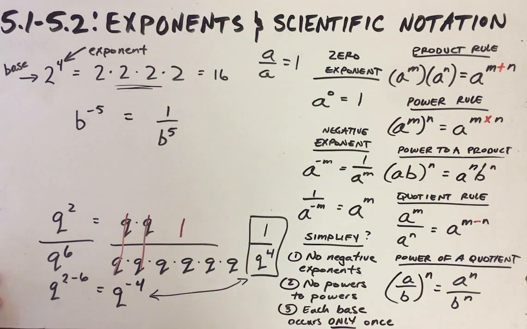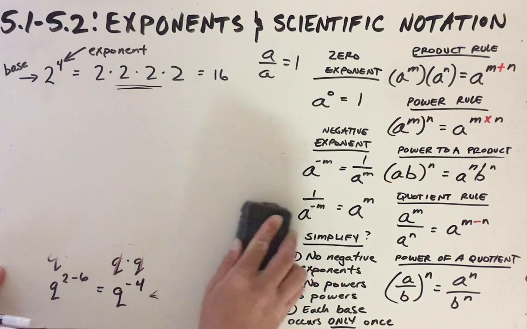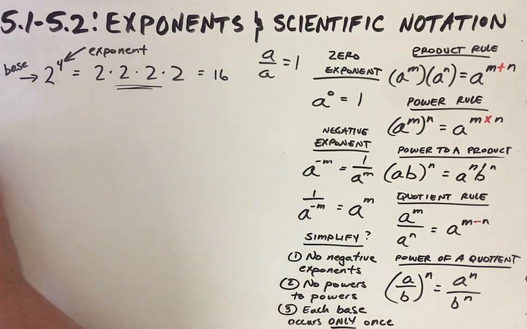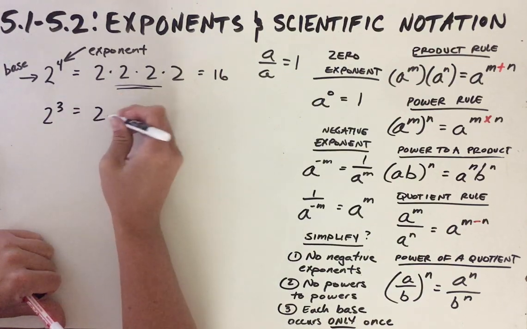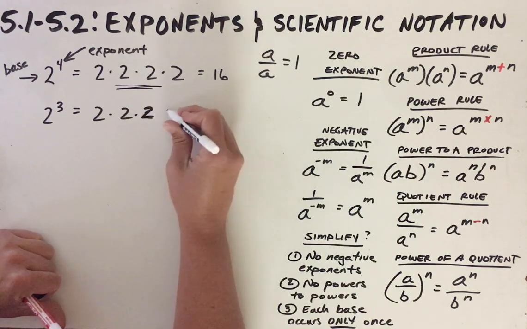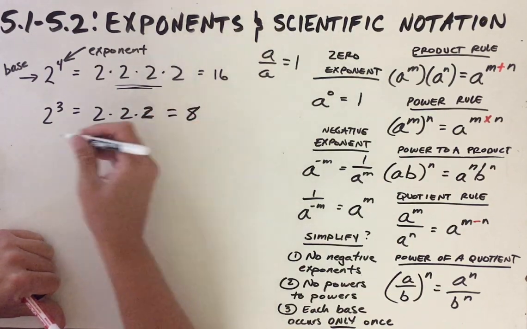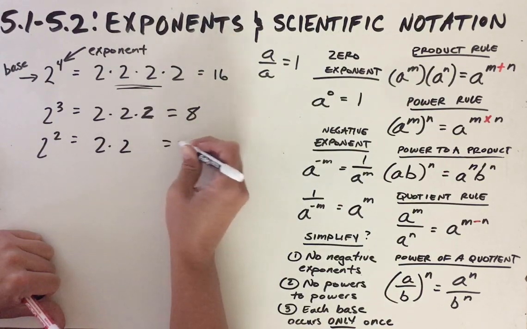So let's see if we can discover this in another way. Let's keep going with this pattern here. If I had 2 cubed, that would be 1, 2, 3 of these 2's, so 2 times 2 times 2 is 8. If I had 2 squared, this would be 2 times 2, and that is 4.